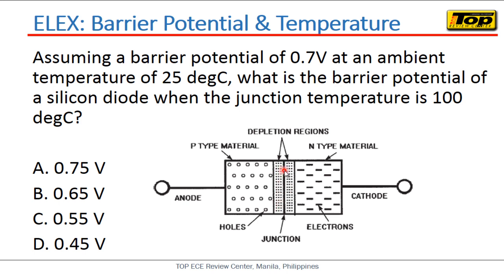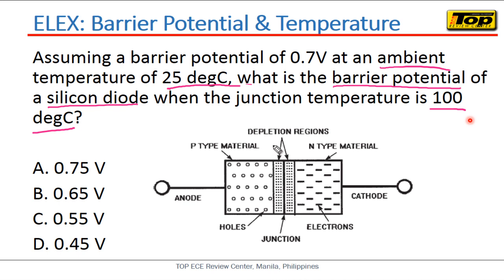Okay? Pero ang tinatanong sa atin dito is kapag yung temperature coming from the ambient temperature is 25 degrees, ano raw ang mangyayari doon sa barrier potential of the silicon diode kapag yung junction temperature mo ay 100 degrees Celsius. Okay? So ano ang pinapahanap sa atin dito is the barrier potential. Ito 'yon, no?